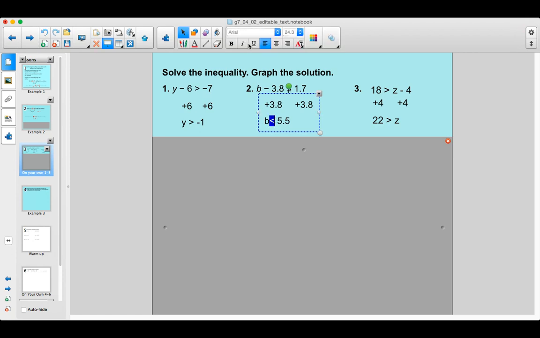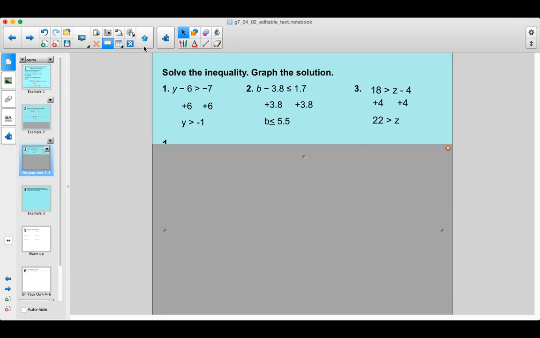B should be less than or equal to 5.5. And then for number 3, 18 is greater than z minus 4. I'm going to add 4 to both sides, so 22 is greater than z. Or again, if you want your variable first, that would tell me that z is less than 22.